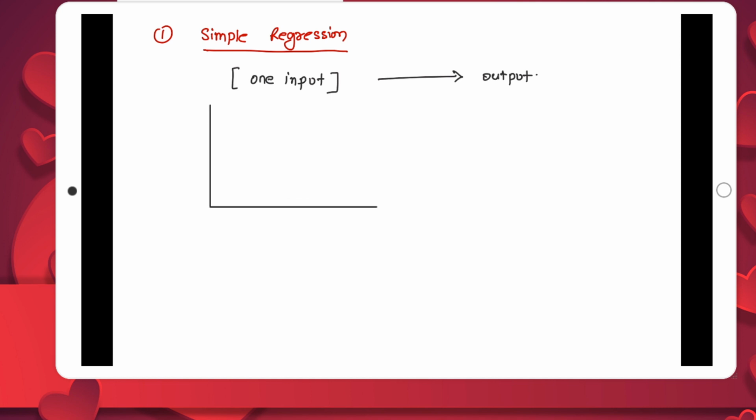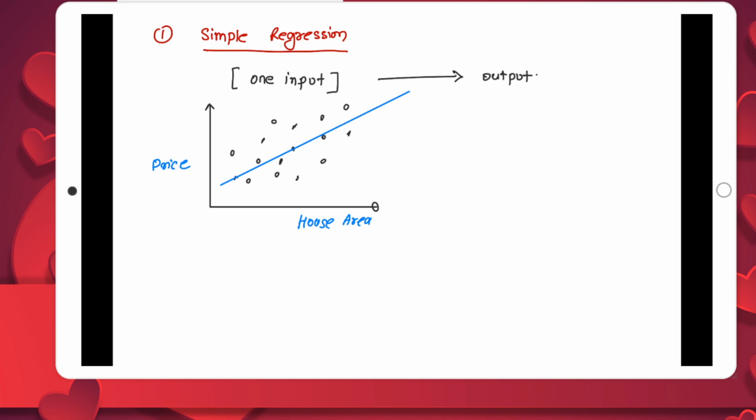Let me draw a plot here. Let's say we have some line here. These are the price of the house. Then we have a line, and this is the house area, and there we have the price of that house.